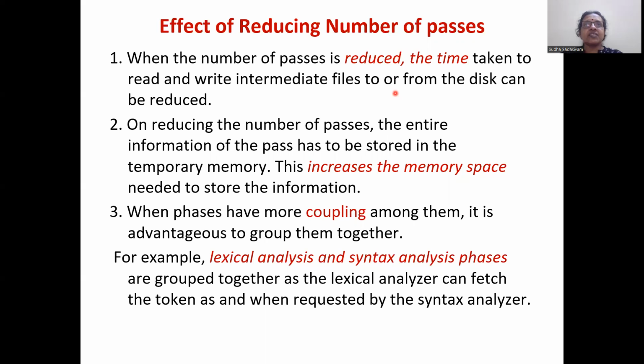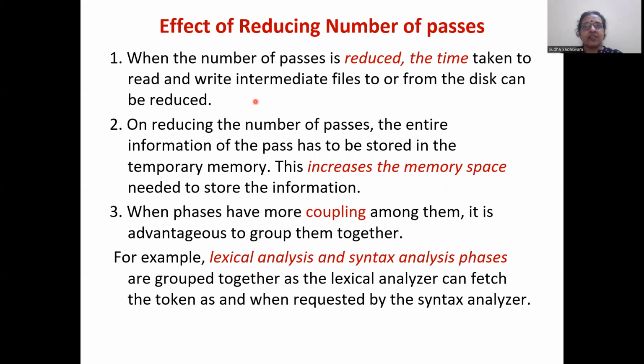When the number of passes is reduced, the time taken to read and write intermediate files to and from the disk can be reduced, because the output of each and every pass is written to the hard disk. Each time we reduce the number of passes, the time taken to read and write the files to the hard disk can be reduced.